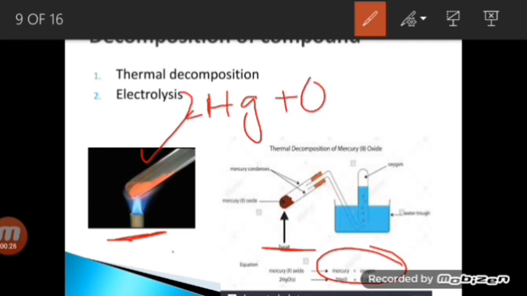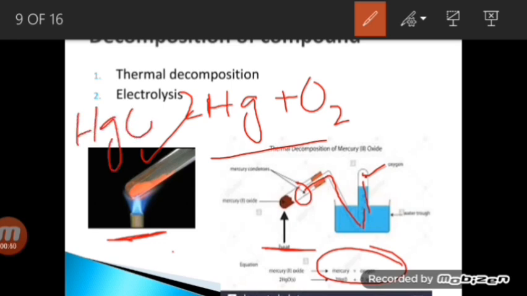Mercury oxide will be decomposed into mercury and oxygen, and this delivery tube will take up the oxygen gas, and this will be collected here at the top, whereas mercury will be collected over here in this portion. This is how decomposition of mercury oxide occurs, in which mercury oxide is converted into mercury and oxygen.